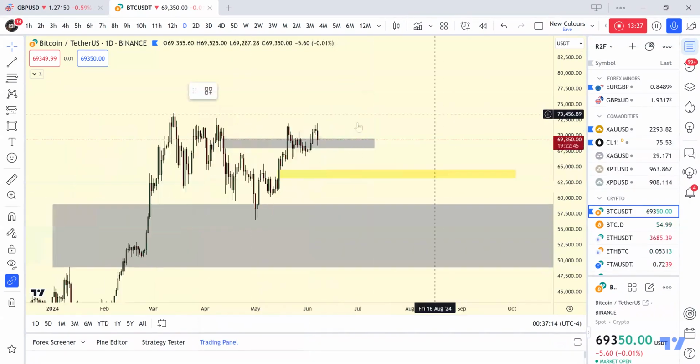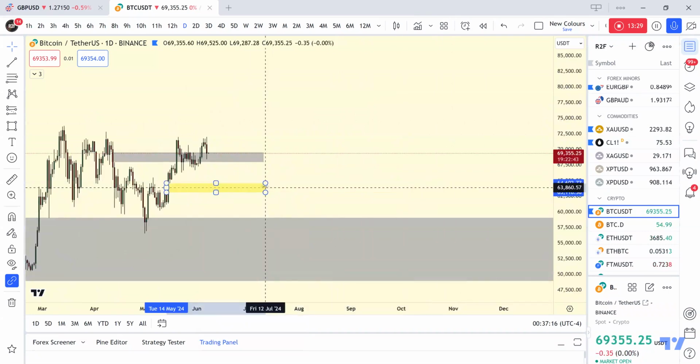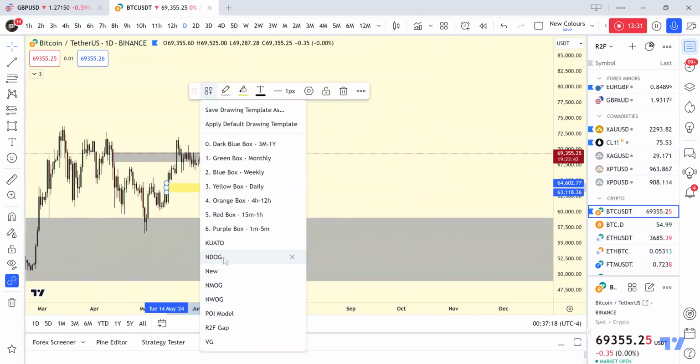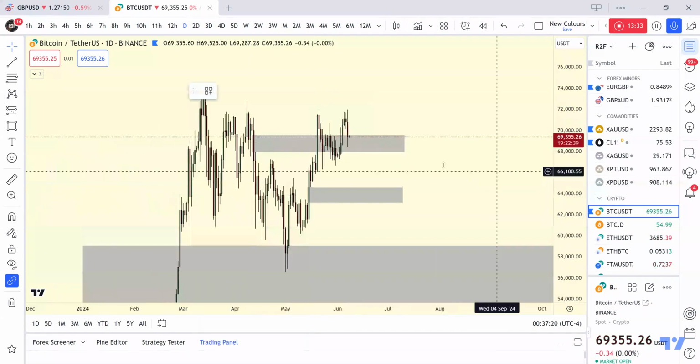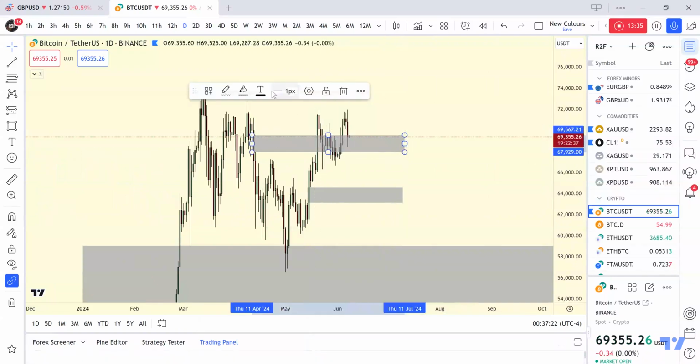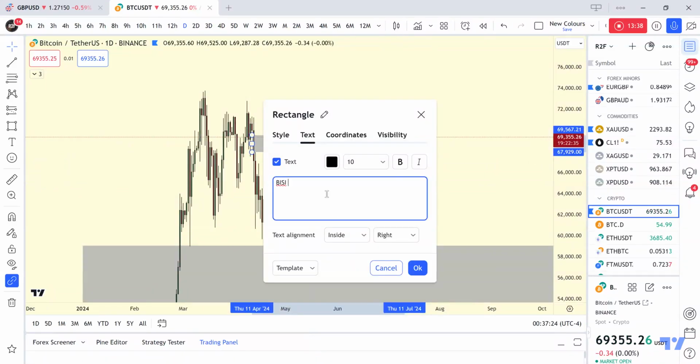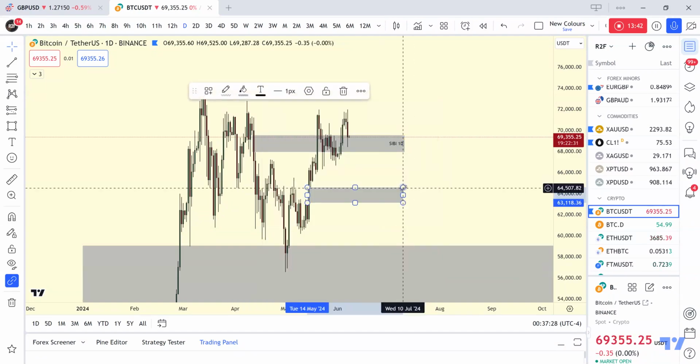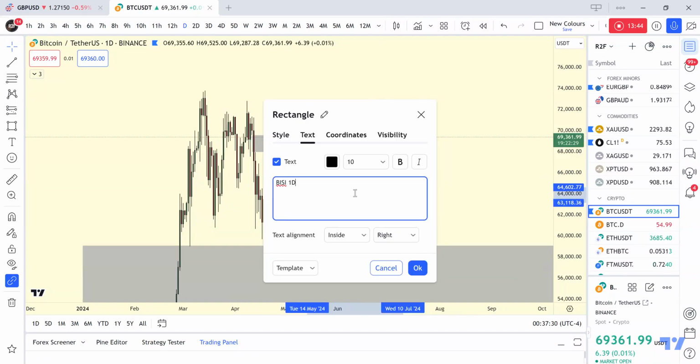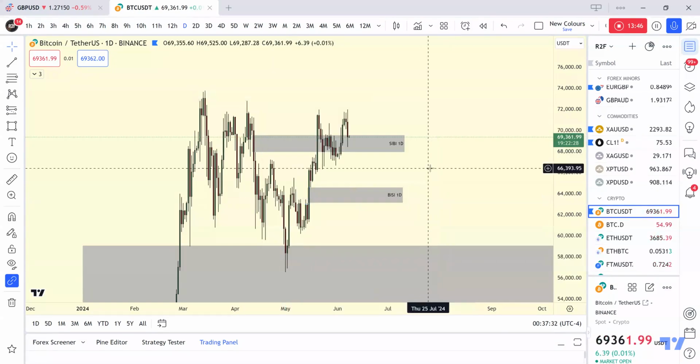Using my new color scheme. Okay, so we got 2 daily gaps here. I'm just gonna write busy. No, CB 1 day. Busy 1 day.